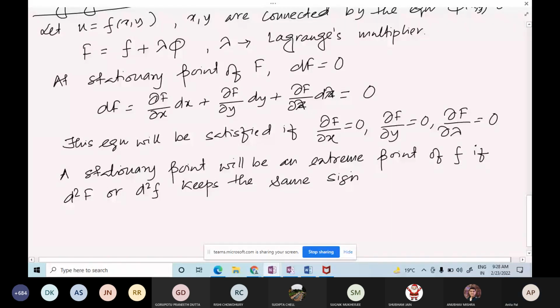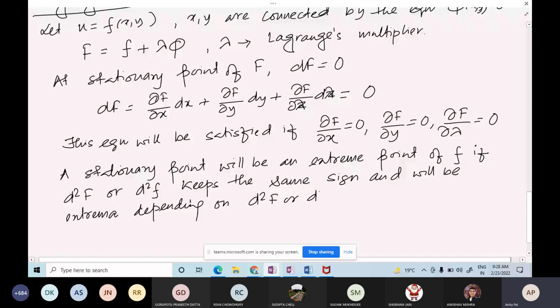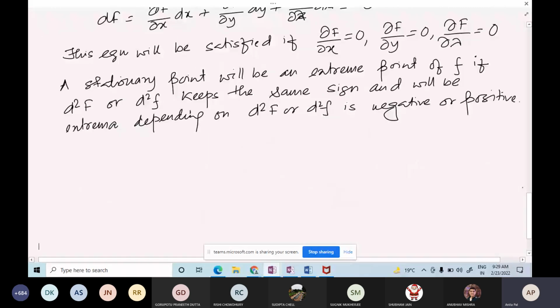And it will be a maximum or minimum depending on whether d2f is negative or positive. Actually, capital F and small f will have the same kind of nature. Now we'll come to some problems, so the method will be more clear then.